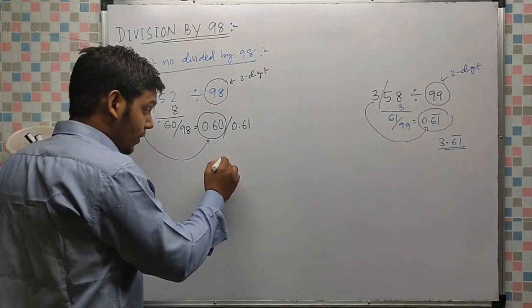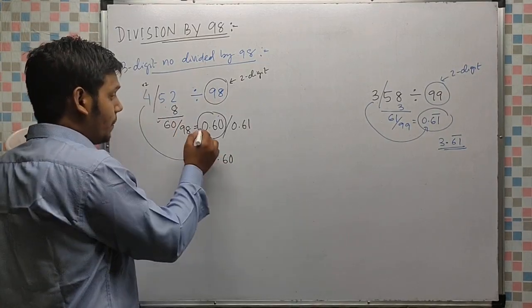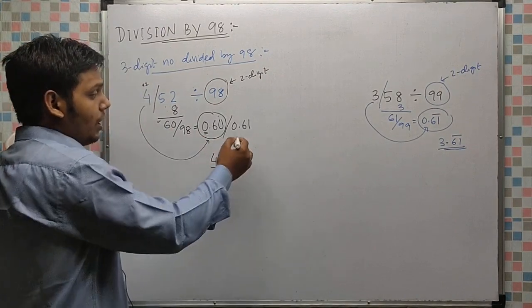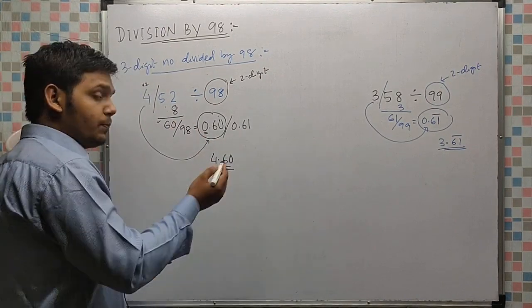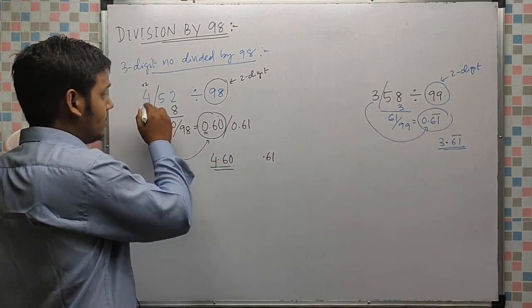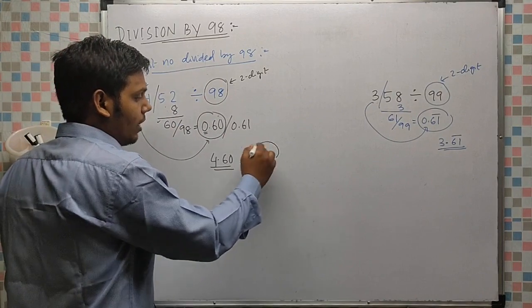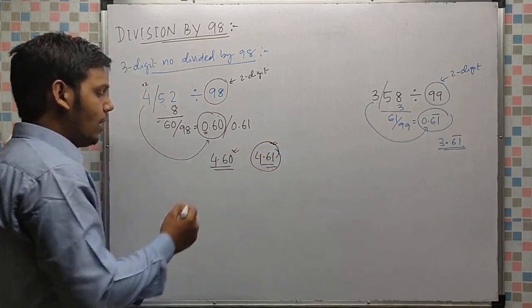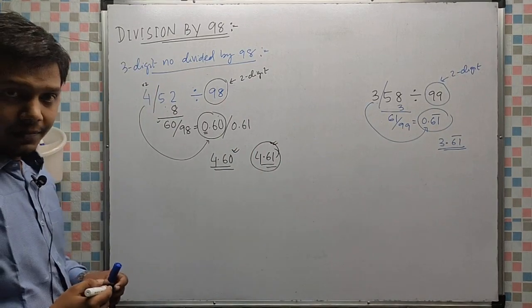So 0.60 first you write, and 4 plus this 0 is 4. The answer is 4.60. If you are adding with 0.61, then you write 0.61 first, then 4 plus 0 is 4. 4.61 is also a correct answer. 4.60 is also a correct answer. You can write any answer.